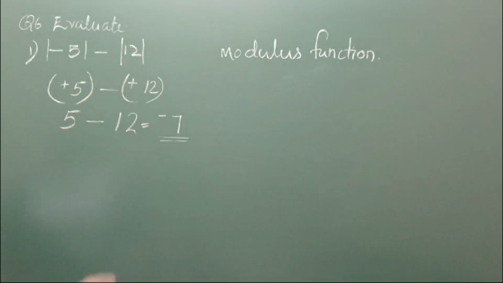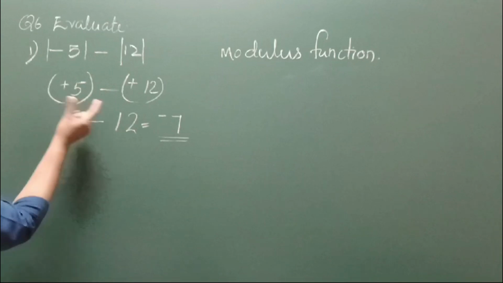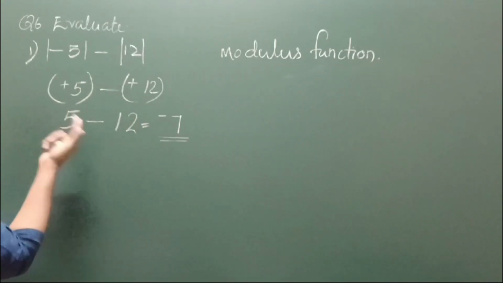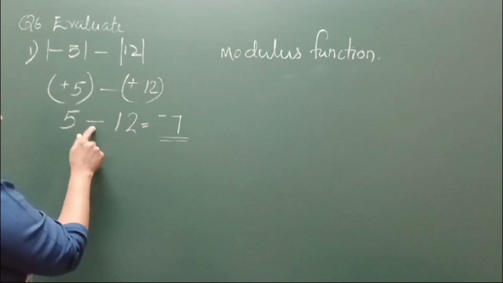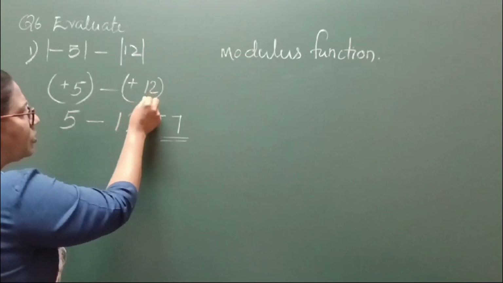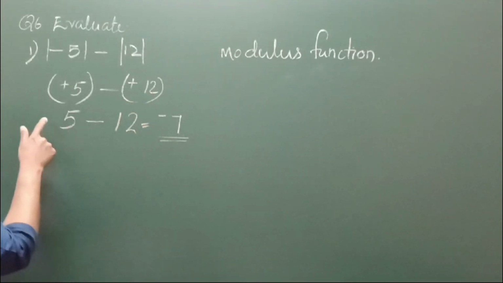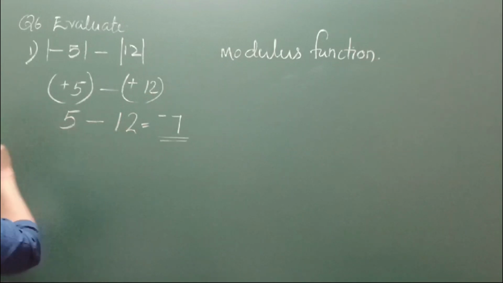In the bracket we write the sign as it is. Then to remove this bracket we write the integer as it is, without sign. Then this minus is here, then this 12 as it is. Now we know this is plus and this 12's sign is minus.